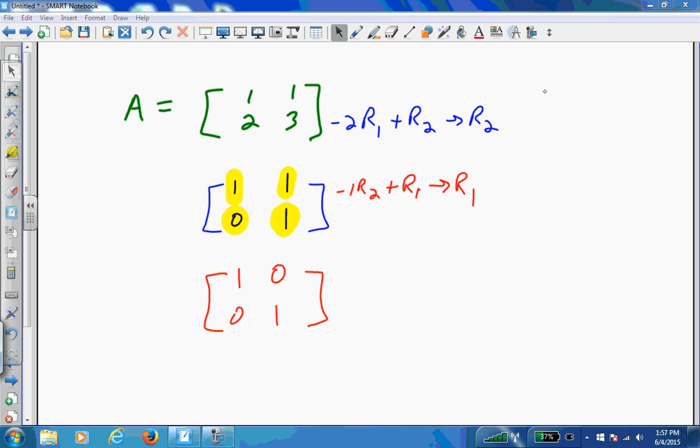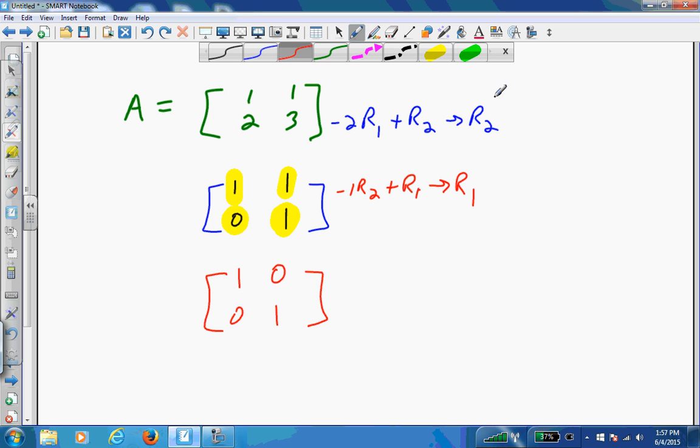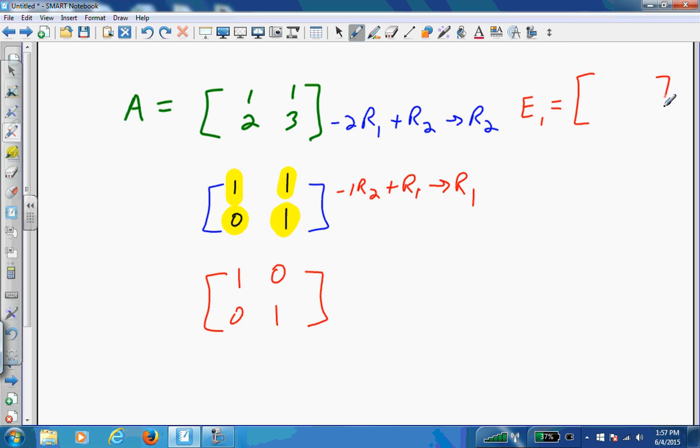So let's list our elementary matrices that we did. So our first elementary operation, we didn't change the first row. So if we take our identity matrix, our first row is not changed.